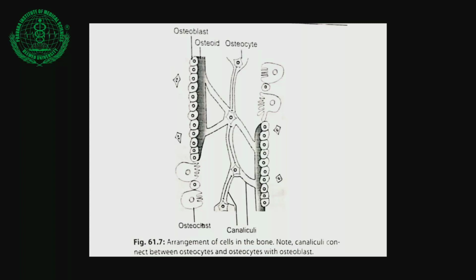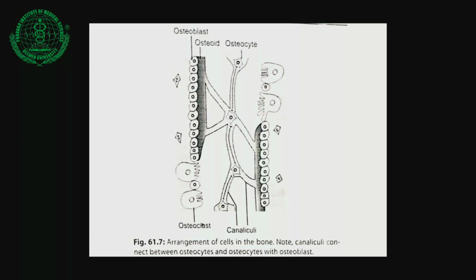They are connected by canaliculi, which is shown in the diagram. The canaliculi form a linkage between the osteocytes and the osteoblasts.